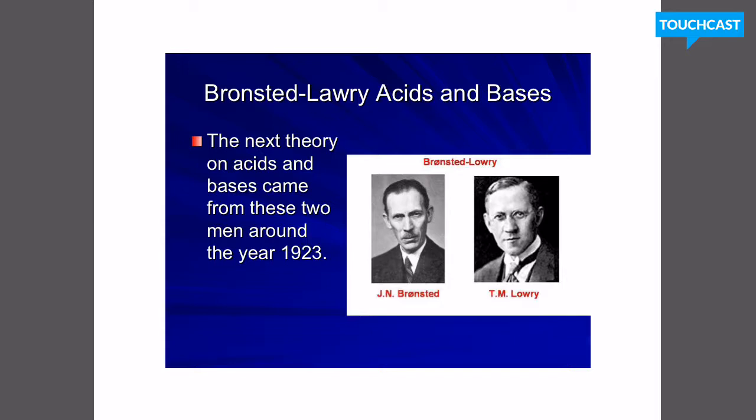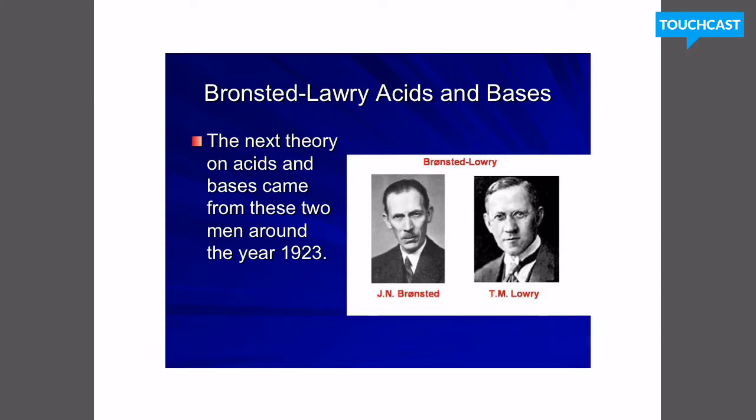So remember how I said not all acids have to have that hydrogen in there? Well, this came to light with Bronsted-Lowry. These two gentlemen came around 1923. They wrote a couple papers about acids, and they were investigating and furthering some of the research that Arrhenius brought along.